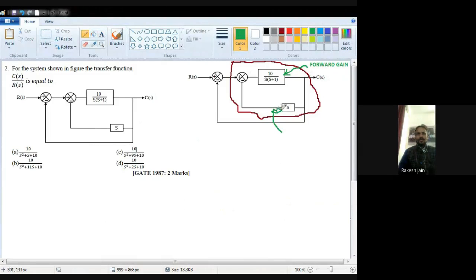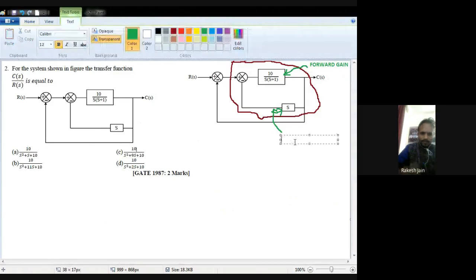So first of all we just solve this inner block.